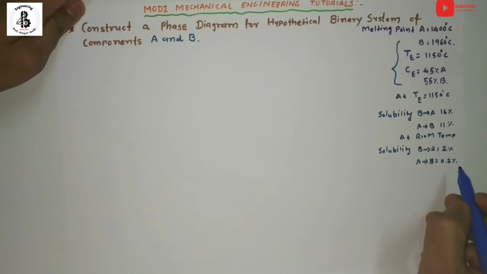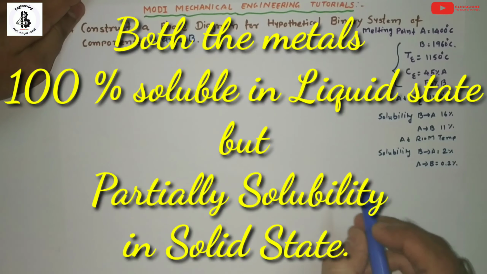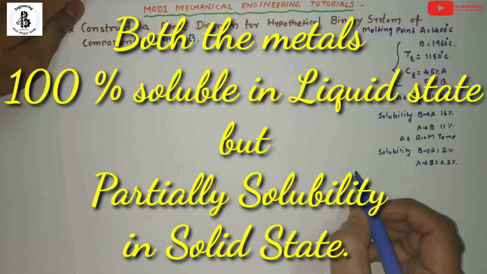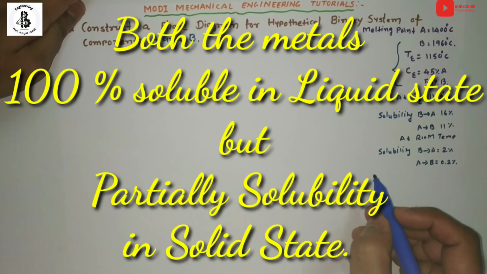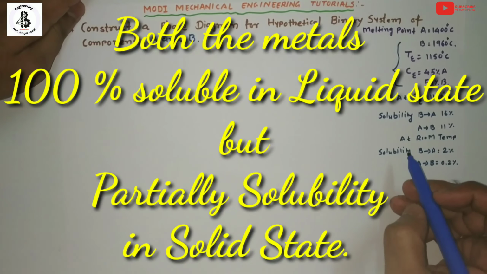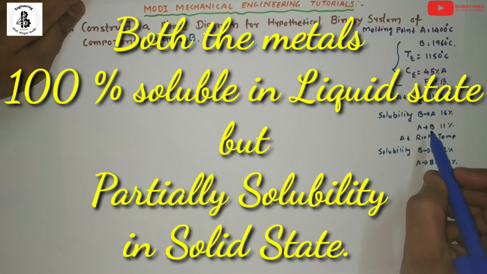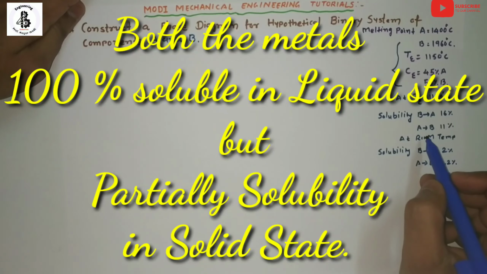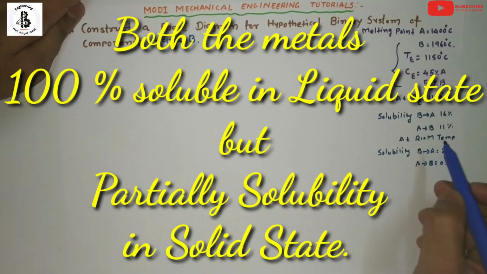So this is an example of two metals which have 100% solubility in the liquid state, but partial solubility in the solid state according to the given compositions and the different temperature ranges. Sometimes it forms a single solid, and otherwise, technically, it is partial solubility in the solid state.